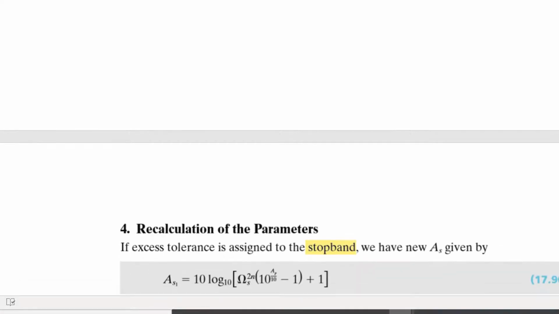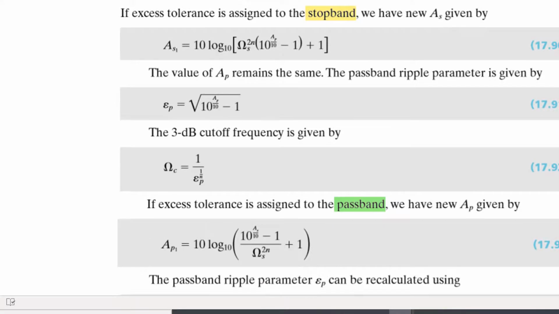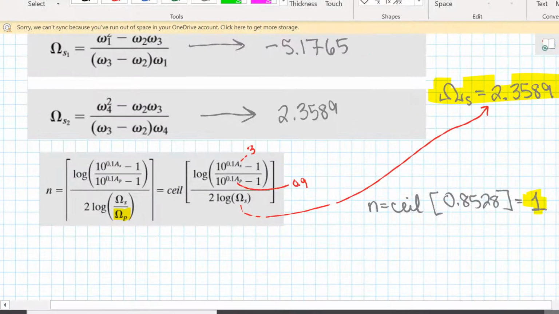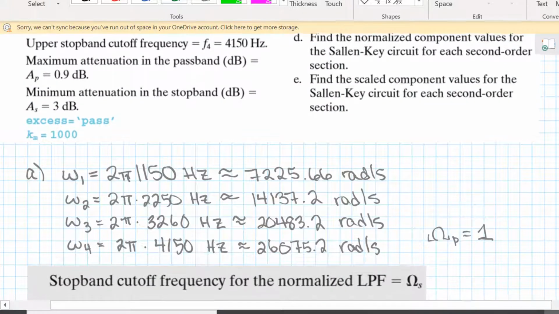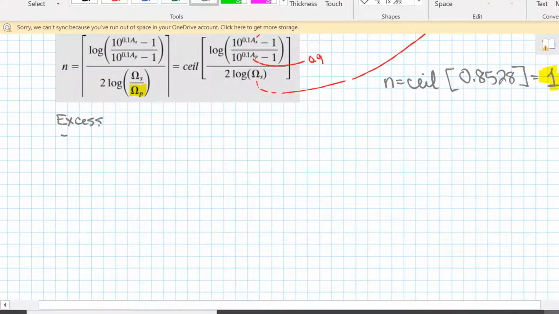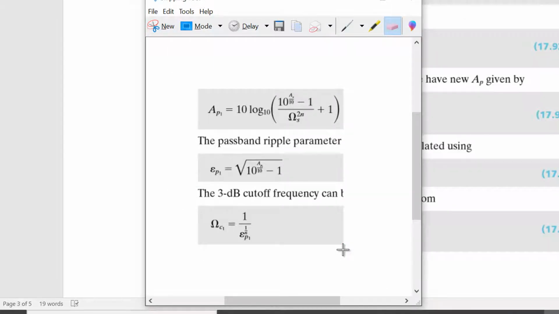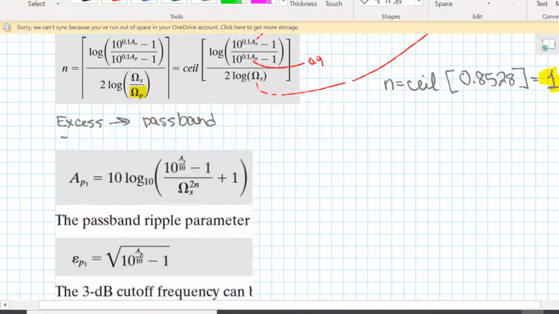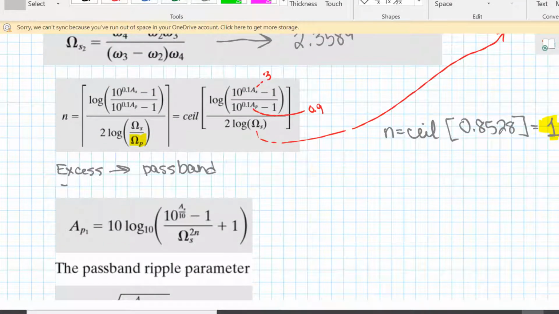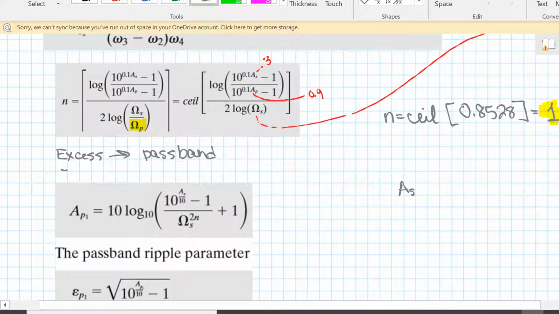And then we have to calculate the new A's, and it depends on whether the excess is assigned to stop band or pass band. And here it's pass band. So then we look at those formulas. So we'll change our A sub P, which means our A sub S will stay the same. And A sub S was 3, so our A sub S1 will still be 3.